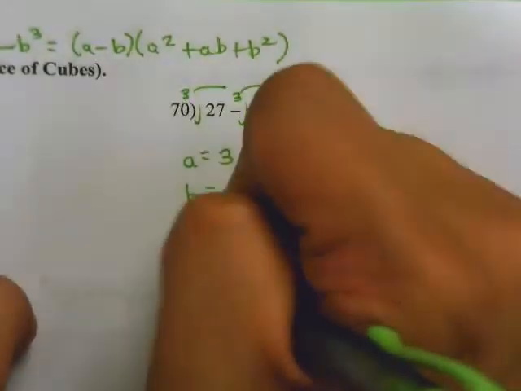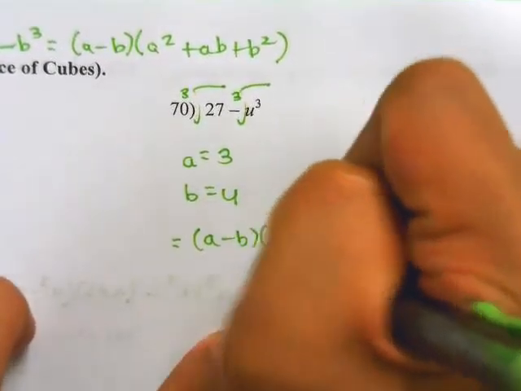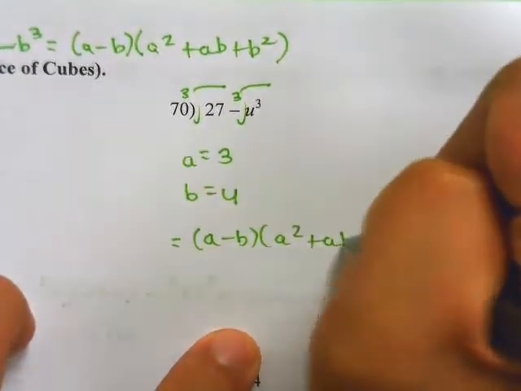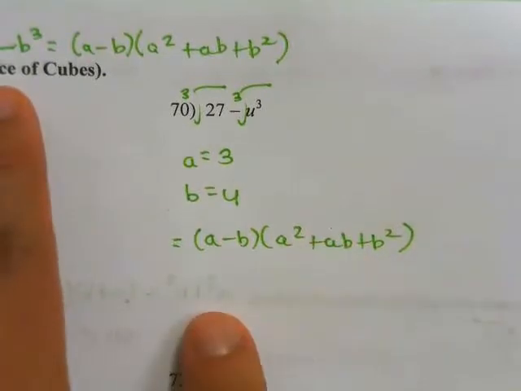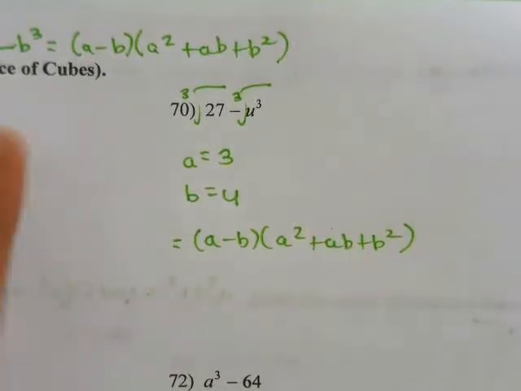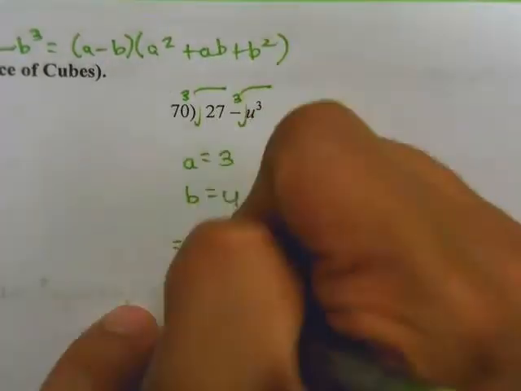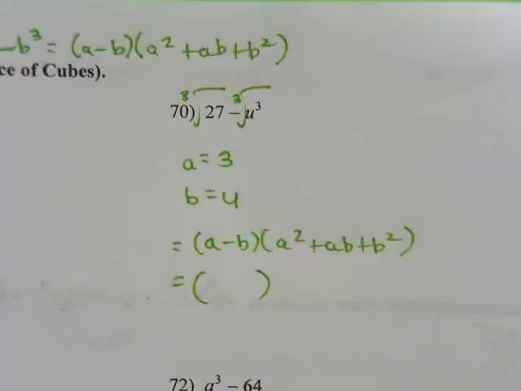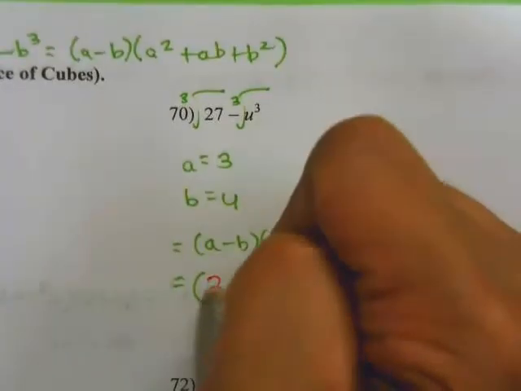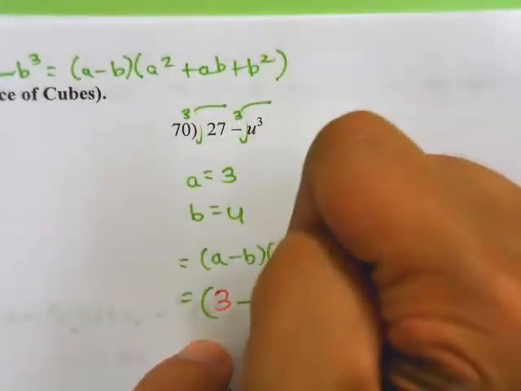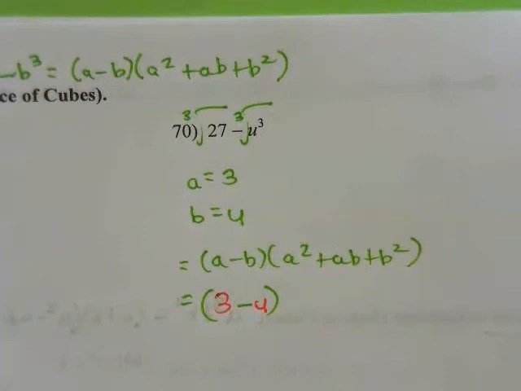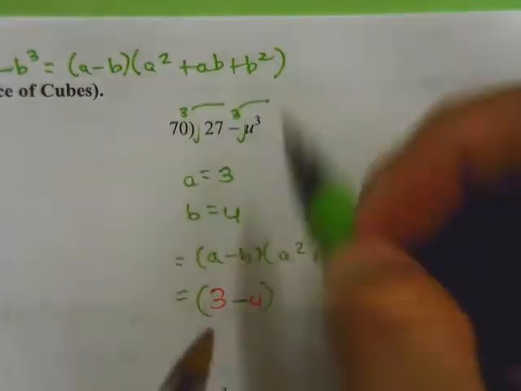Okay, so a minus b, a squared plus ab plus b squared. We're using this formula because it's a difference of cubes and not sum of cubes like the previous page. So now we're just going to input, and just be careful, it is not u minus 3, it is 3 minus u. So that's what we need to be inputting. There is a stark difference between u minus 3 and 3 minus u.